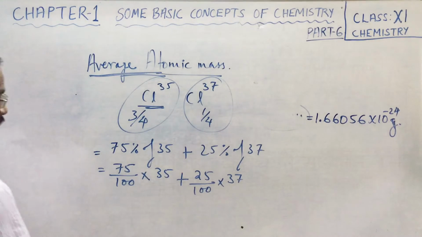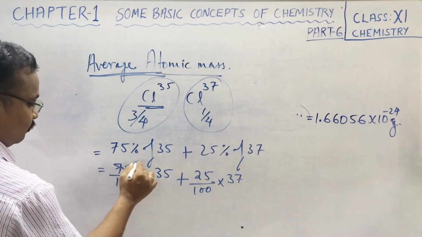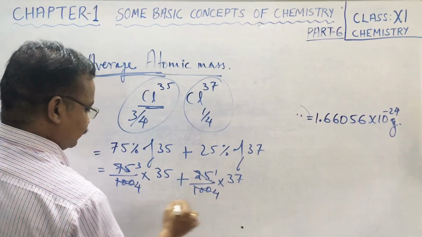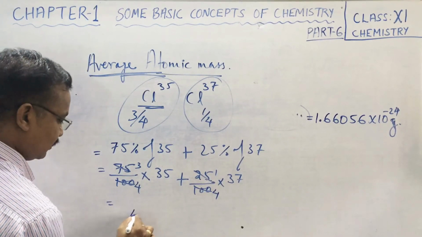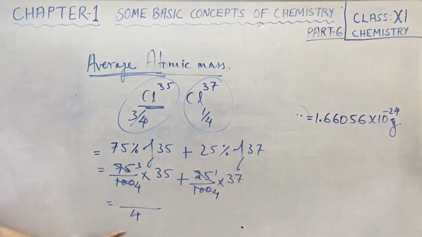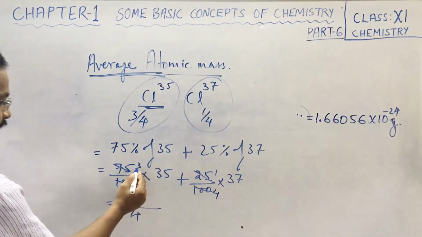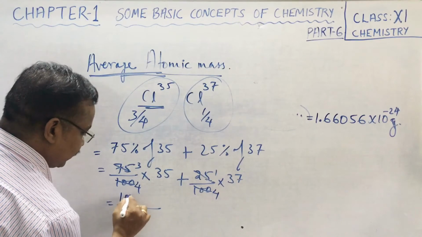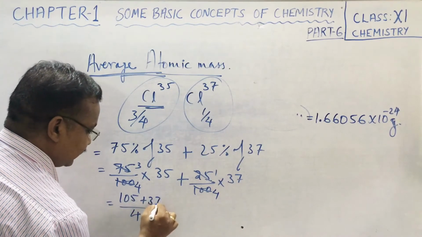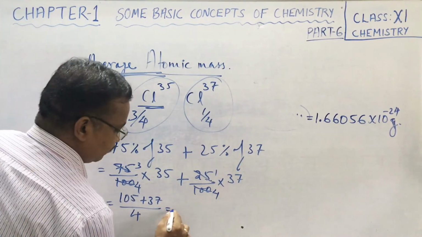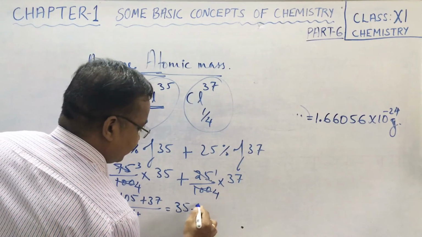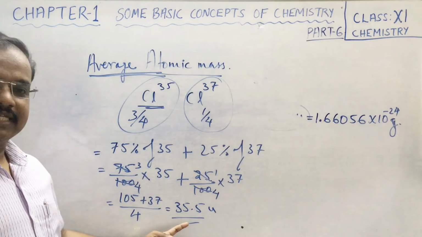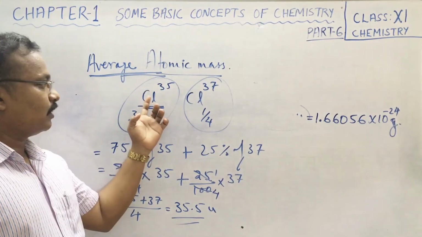Taking 4 as the LCM, 3 times 35 is 105, plus 37, and when you calculate, you will get 35.5 U. That is our average atomic mass of chlorine.